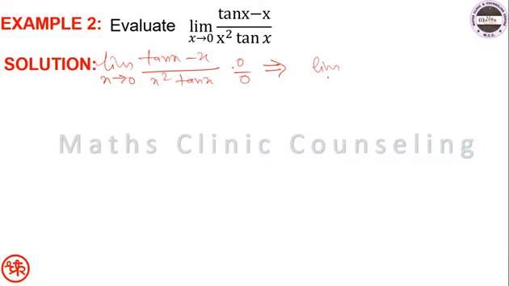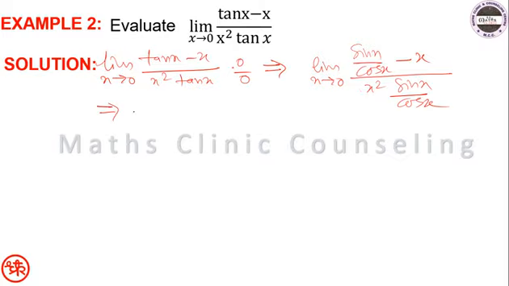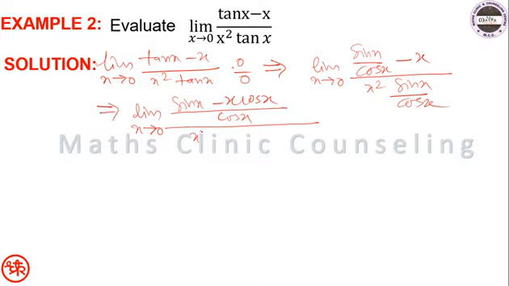That is limit x tends to 0 of sin x by cos x, which is the value of tan x, minus x, upon x square into sin x by cos x. Take the LCM and solve this. So this becomes limit x tends to 0 of sin x minus x cos x upon cos x, and this whole is divided by x square sin x upon cos x.